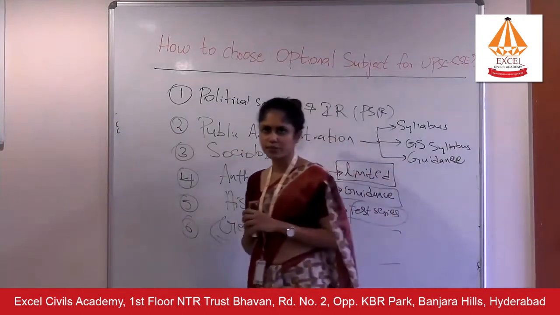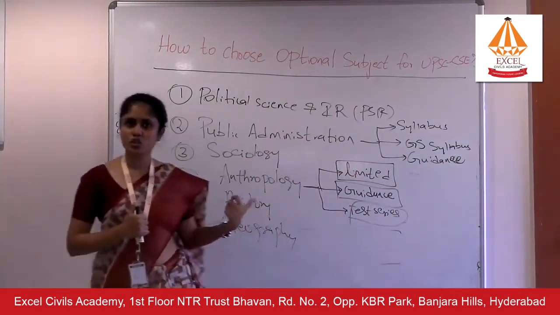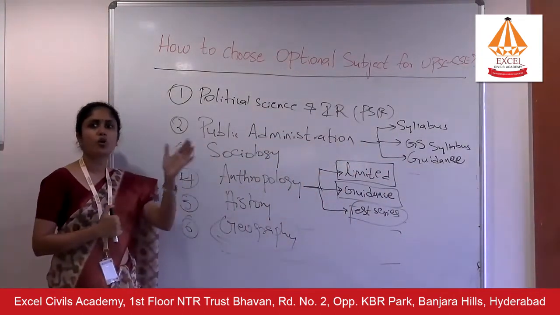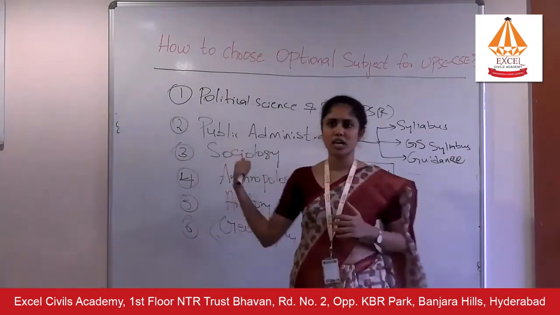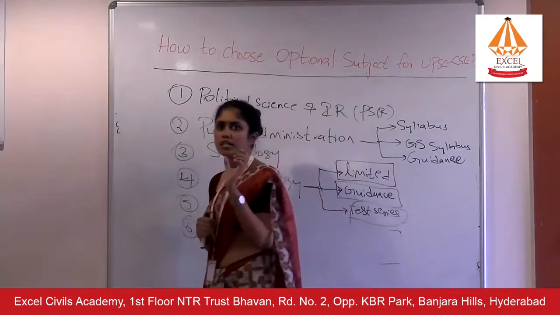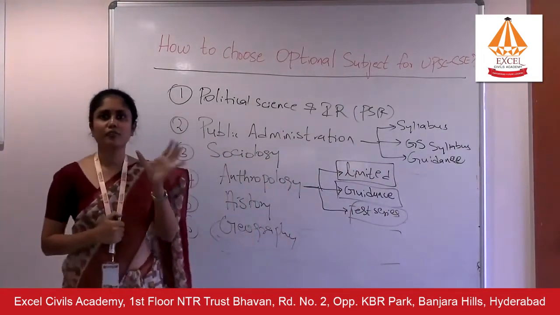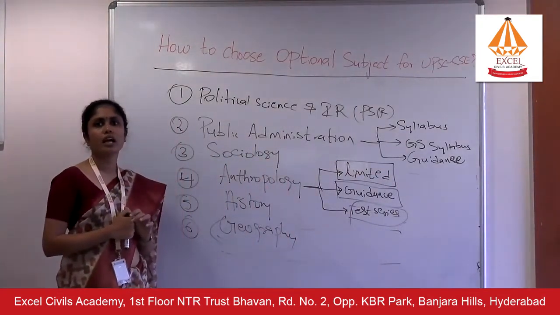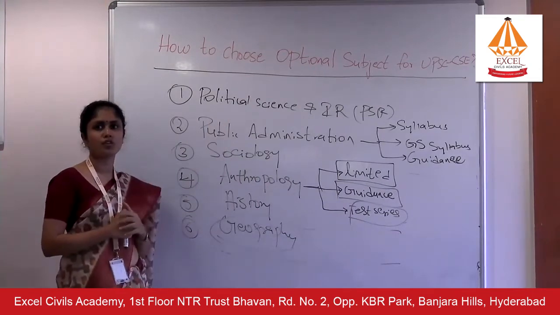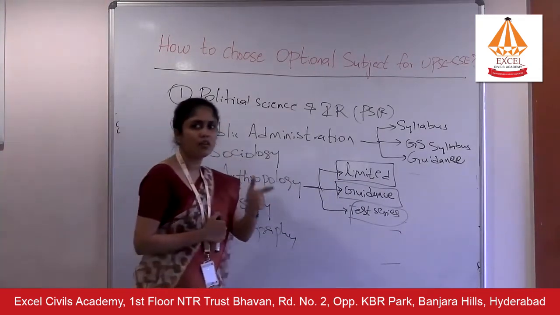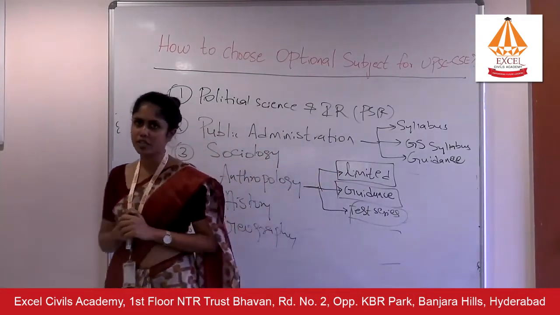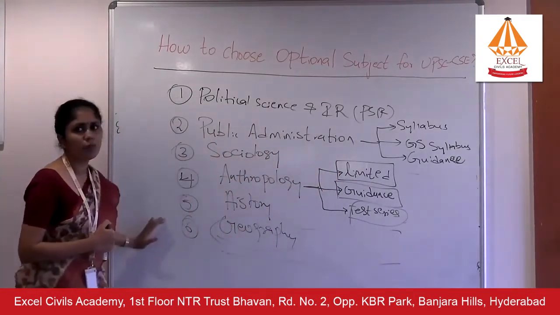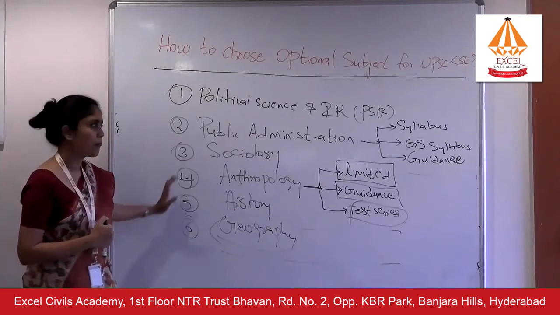It also has overlap with your general studies syllabus. So if you pick up any of these social science optionals, they have their own pros and cons, and there will be trade-offs among the factors which I have just mentioned, right? So what is the factor that eventually you will have to consider when you are picking these optionals? The factor is whether you have interest and aptitude in that particular subject or not, because every optional has its own pros and cons.